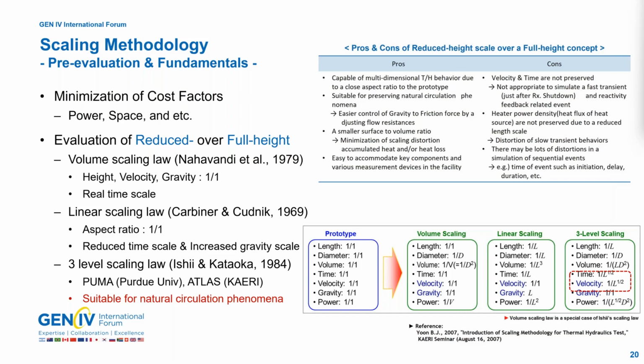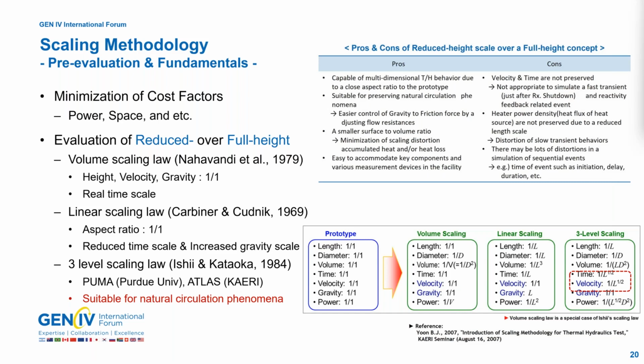Then we started designing, with considerable discussion. The reduced height scaling was decided. In this slide, you can find some basic information and comparison of different scaling methodologies. The key factor was the cost, and to minimize this, the power level and physical space were mainly considered.